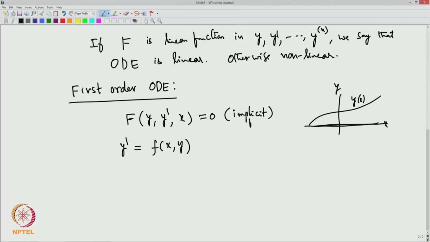For the implicit form you may not know solutions, not always. Very few methods are available to solve implicit equations. Only standard equations you can solve, just one or two, Clairaut's equation, Lagrange type equations.